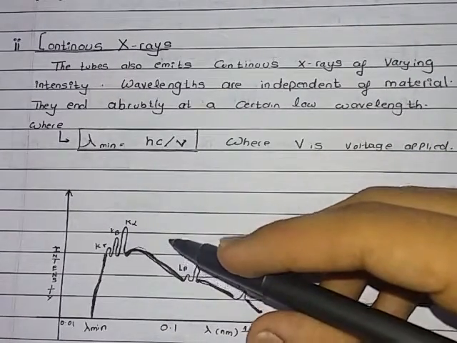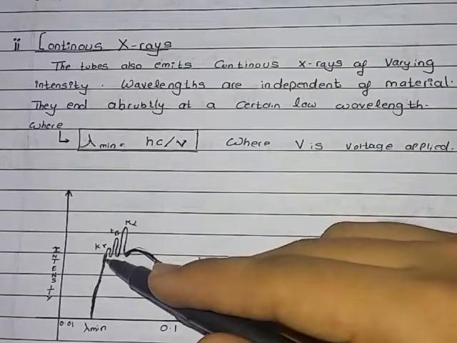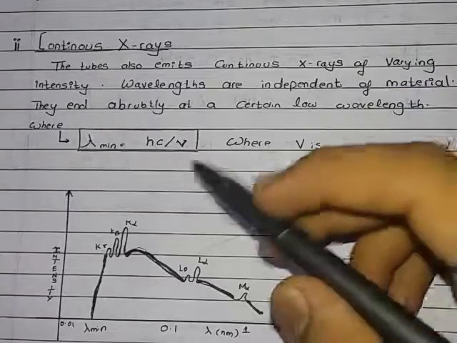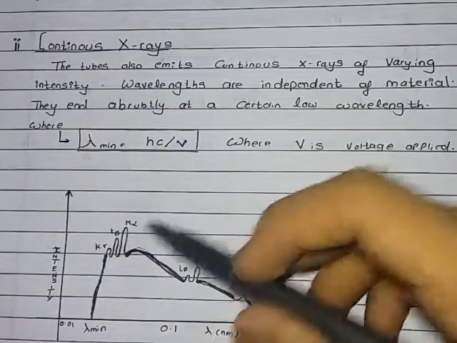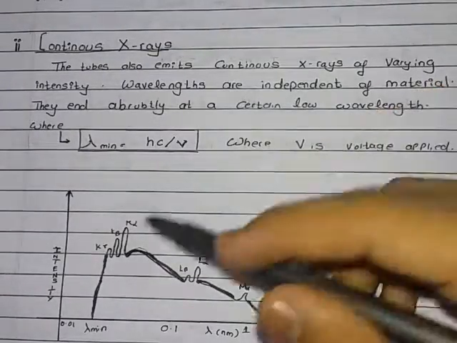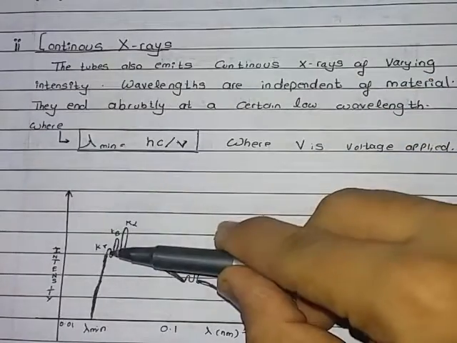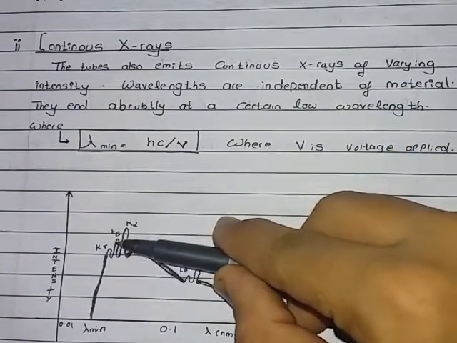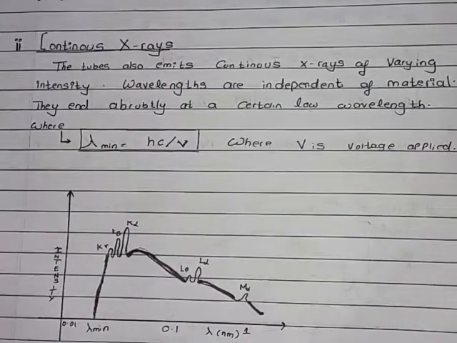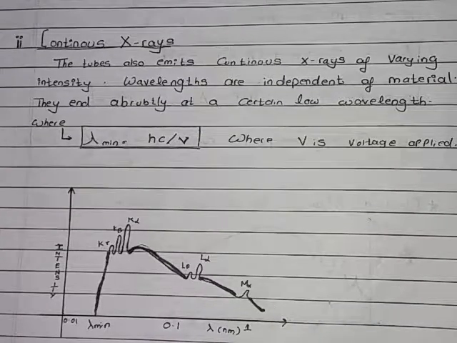Continuous X-rays just emerge along with the characteristic X-rays, and the characteristic X-rays have the most importance, with high intensity, of course, as you can see. These K alpha, K beta, K gamma are characteristic X-rays, the thing which came up, and continuous X-rays are these things. As they are continuous, they are continuous. How can I explain more? So next page, should we?